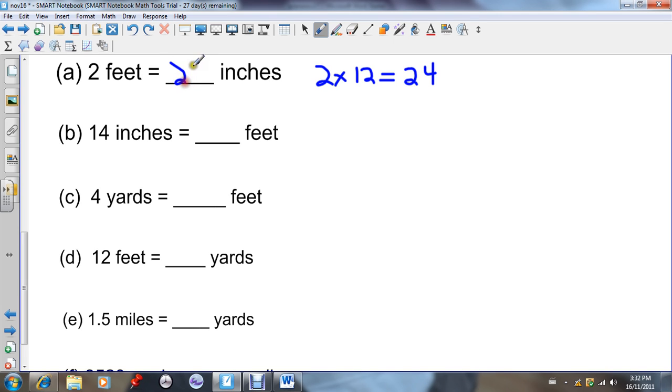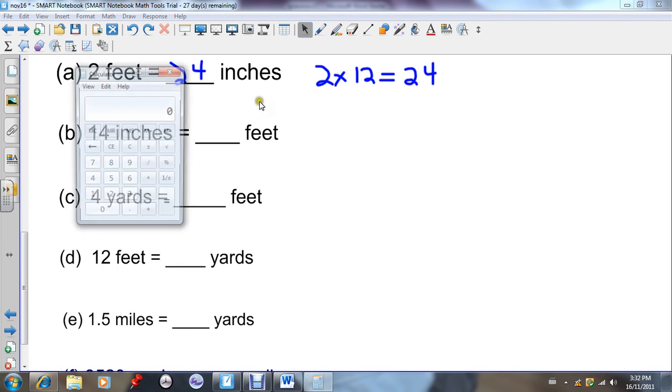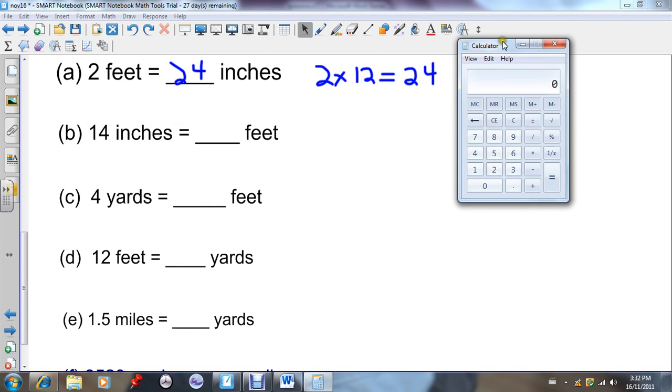If you need to use a calculator, by all means. 2 times 12 gives me 24 inches. Easy peasy lemon squeezy.